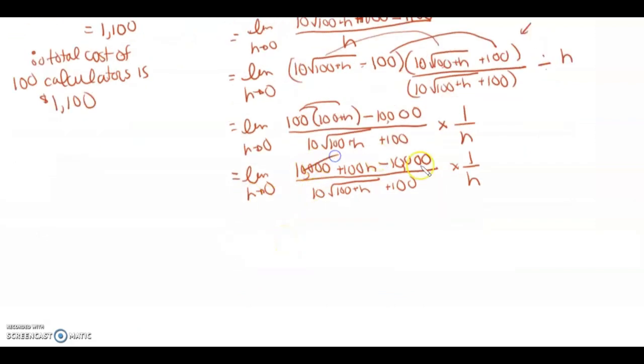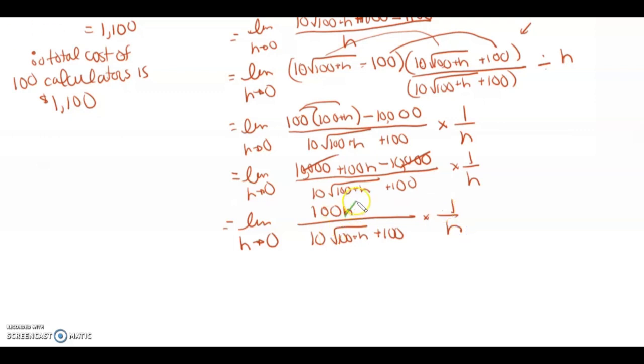Okay, so 10,000 minus 10,000 goes away, and we get the limit as h approaches 0. We get 100h in the numerator, and that's over 10 root 100 plus h plus 100, times 1 over h. At this point, we can cancel out the h's, and we are left with the limit as h approaches 0 of 100 over 10 root 100 plus h plus 100.